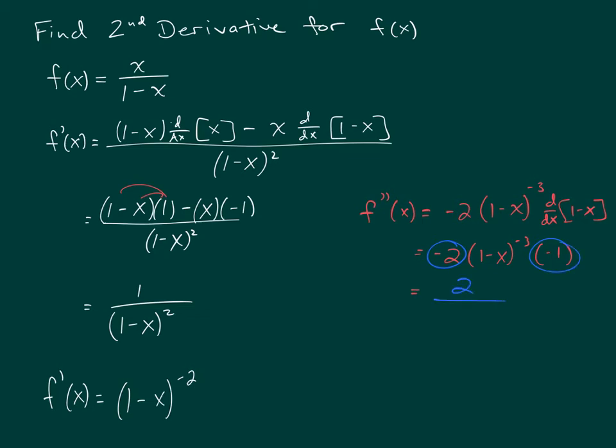And I have to move this down to the bottom because that has a negative exponent. So this will be 1 minus x, the quantity cubed.